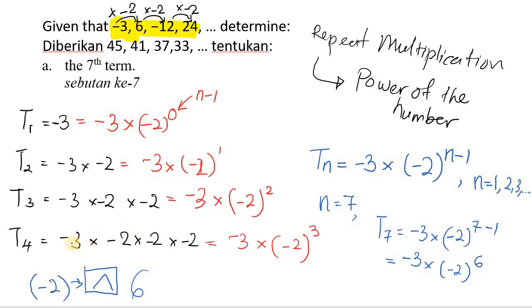I hope you understand. You can directly use the calculator to get the final answer. If you do it correctly, you will get the answer negative 192. So this is the first part for question number 3.